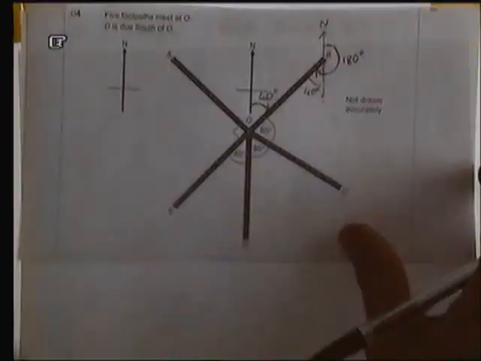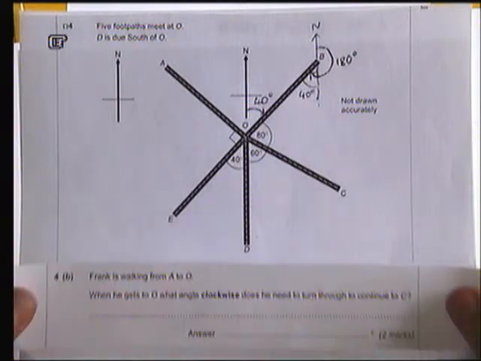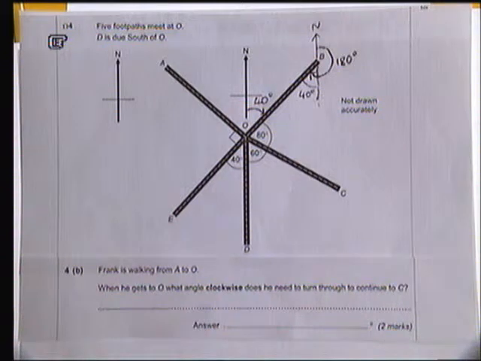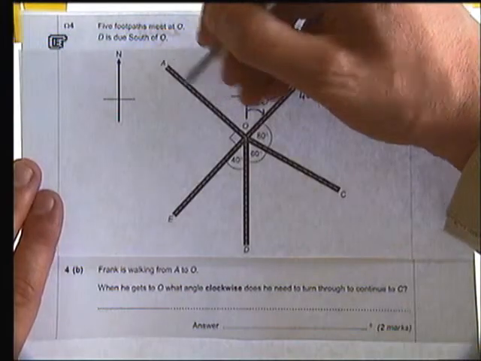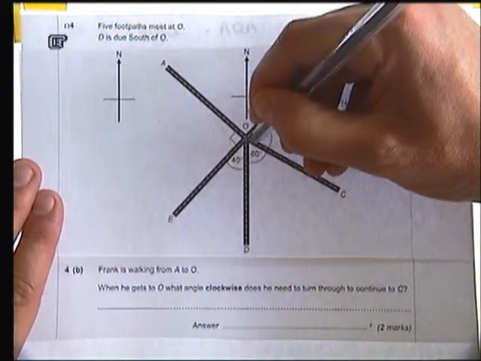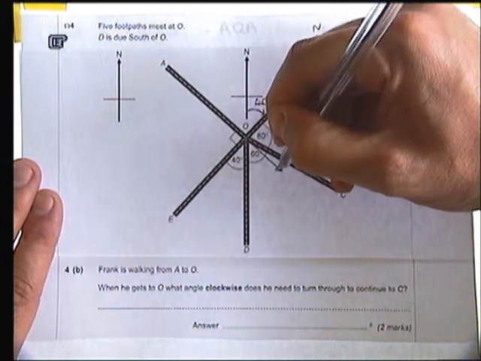Okay, the last part of this question is the really tricky bit. It says, Frank is walking from A to O. When he gets to O, what angle clockwise does he need to turn through to continue to C? So Frank is walking from A to O, and when he reaches O, he'll be facing in this direction.